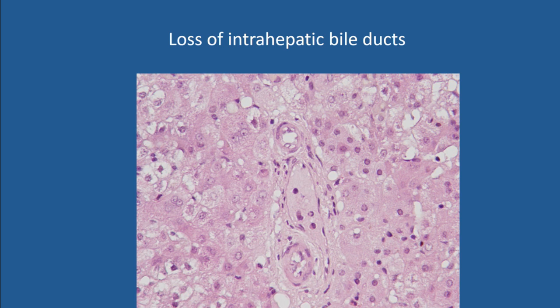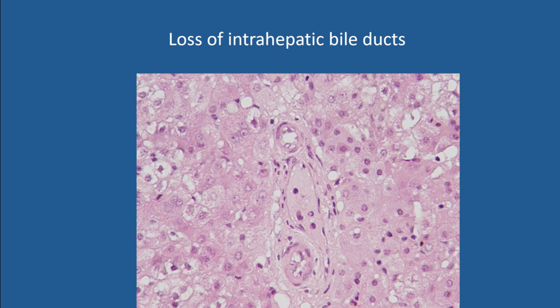So now, is this a pathologic loss of bile ducts, or is this just a normal physiological process? And this question comes up both in the transplanted as well as the non-transplanted liver. So in children, we are asked to make an estimate or give a diagnosis, for example, of Alagille syndrome, which is marked by absence of bile ducts.